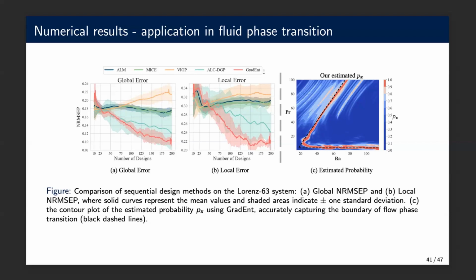And again, figure C shows our estimated probability that the point x belongs to the high variation region D. I'm very satisfied with the result because the geometry of the transition curve is now much more complicated, as indicated by the dashed black curve.